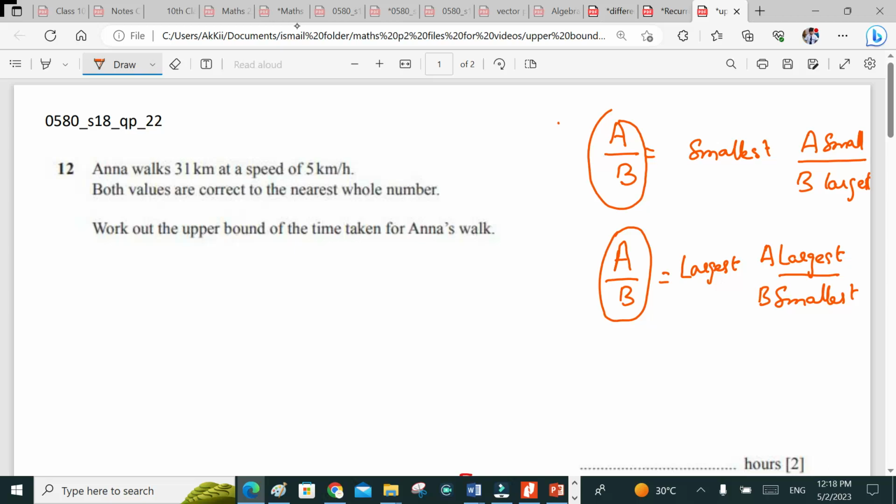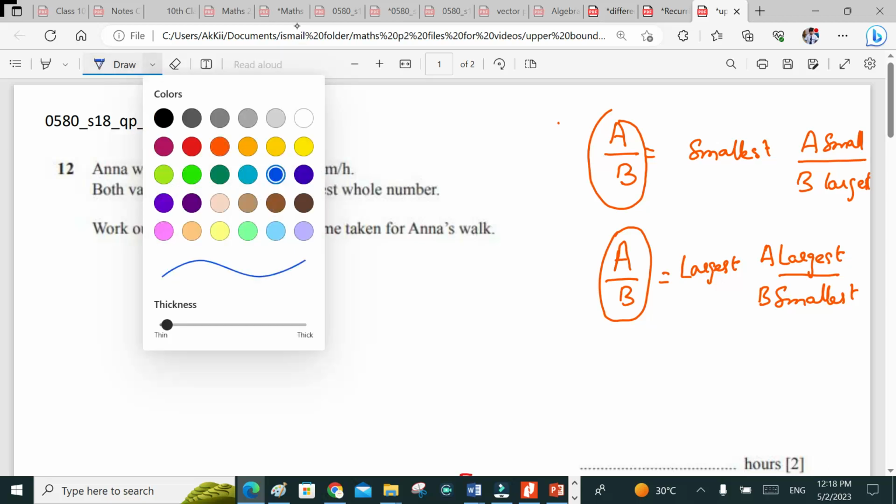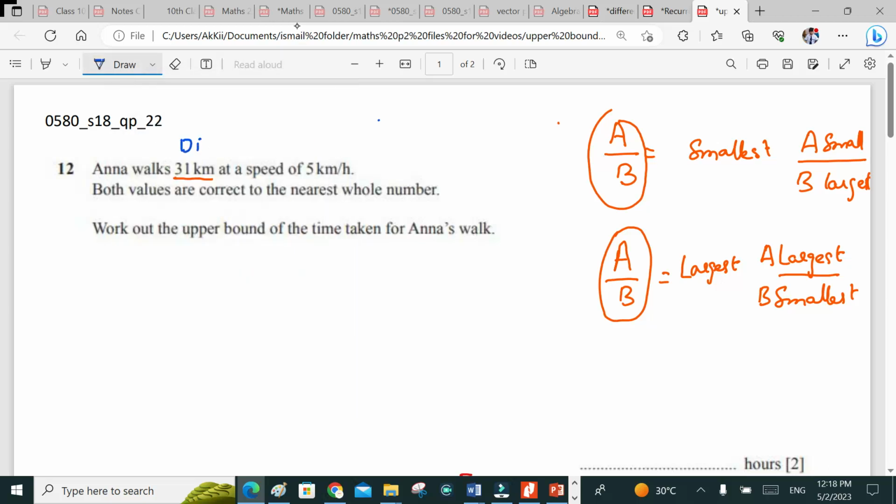So over here in this question, a distance is given, that is 31 kilometers, and the speed is given as 5 kilometers per hour. Both values are correct to the nearest whole number. Now if I write it like this, 31, the nearest whole number is this digit.